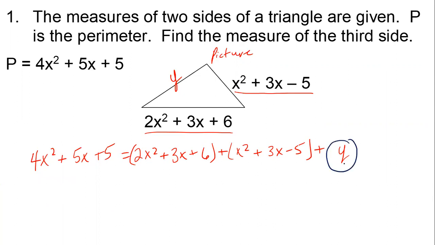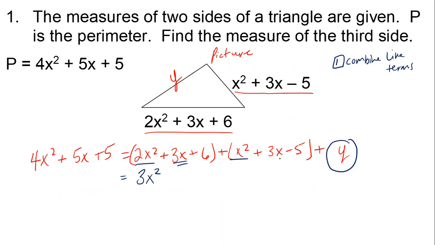So if I want to get y by itself, what are the steps I need to take to get y by itself? Well, the first thing we need to do is combine like terms, right? So on this side, we have 2x squared and 1x squared. That makes 3x squared.